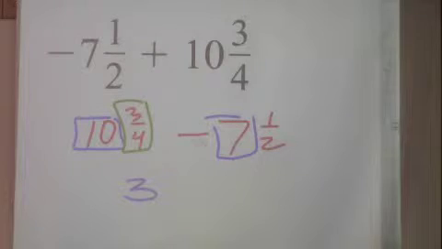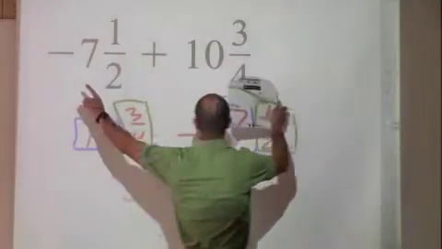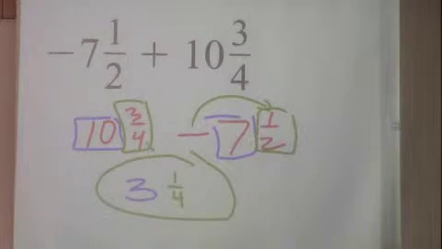What's 3/4 minus 1/2? What's 75 cents minus 50 cents? 25 cents, which as a fraction would be 1/4. Now we have to say, is my answer going to be positive or negative? The bigger number was positive, so my answer is going to be positive, 3 1/4.